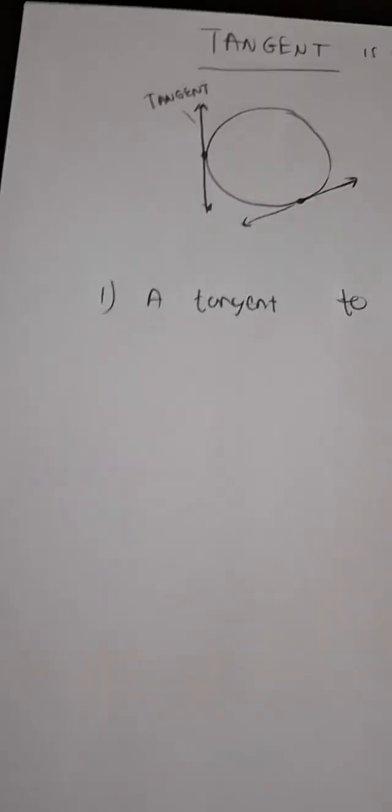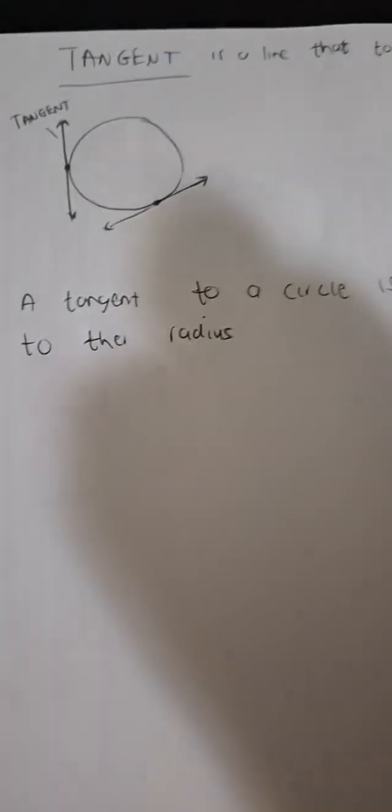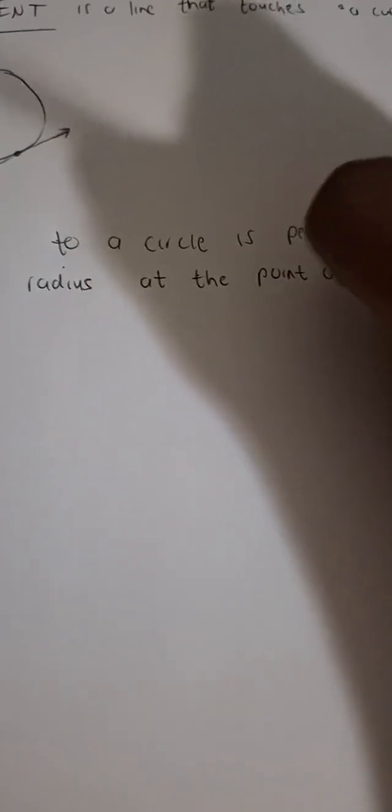This is not a word you are hearing for the first time, the word perpendicular. A tangent to a circle is perpendicular to the radius at the point of contact.